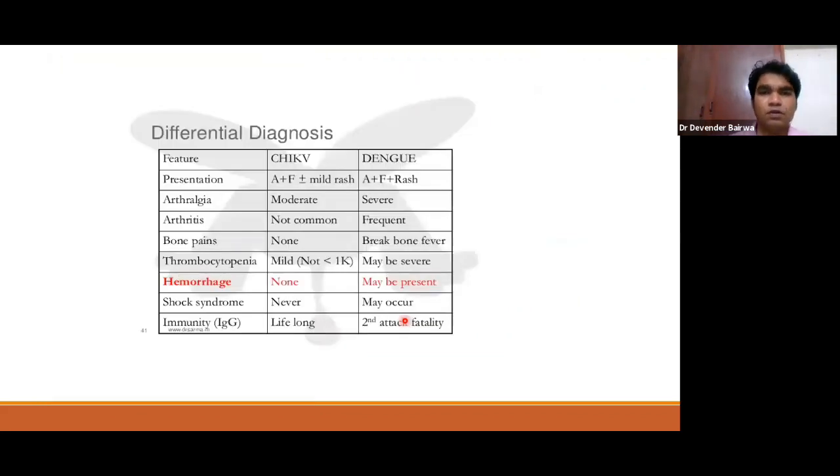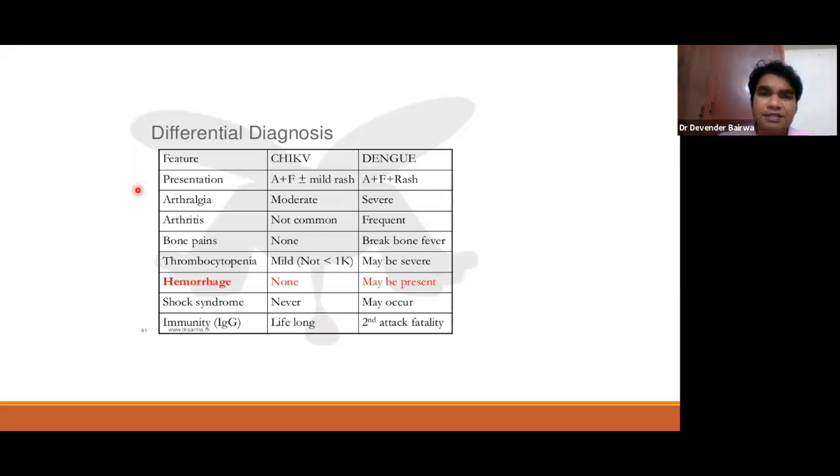Sometimes there can be confusion between chikungunya and dengue, because we are an endemic country for both of these infections. In chikungunya virus infection, rash is generally not a feature; it might or might not be there, but in dengue rash is there.